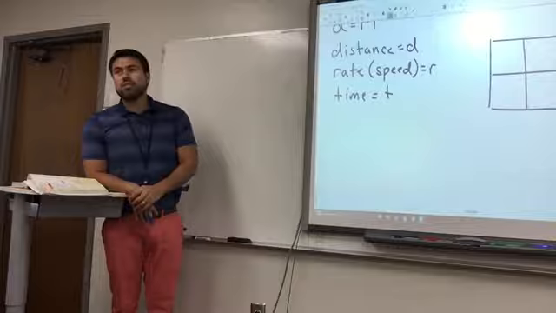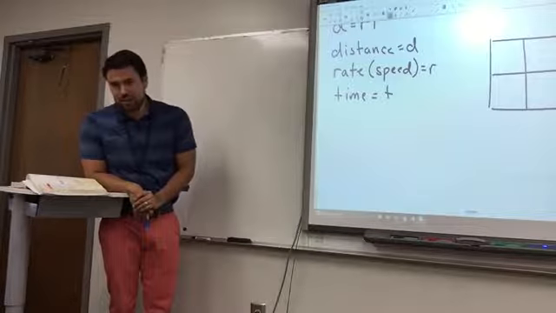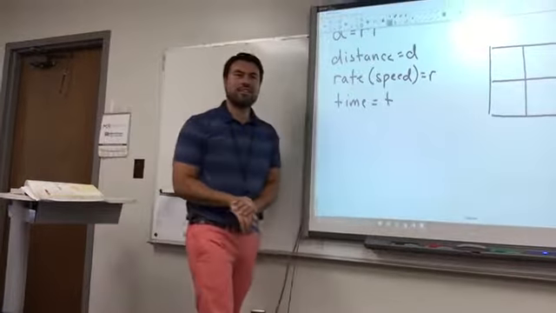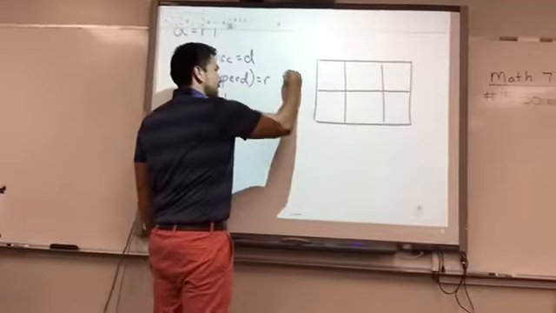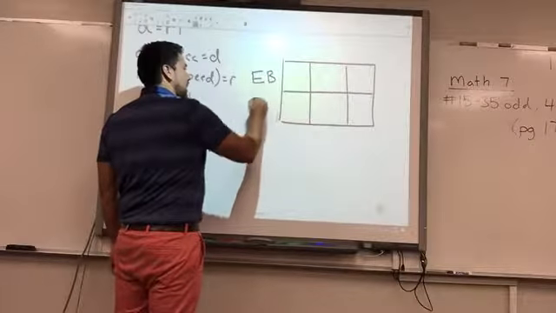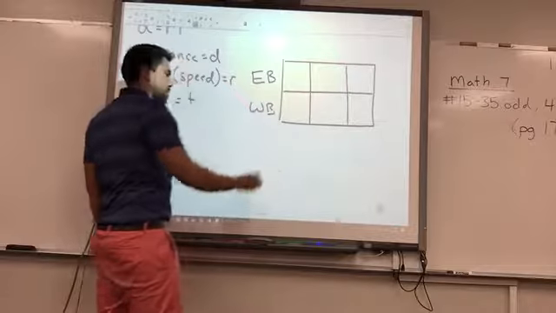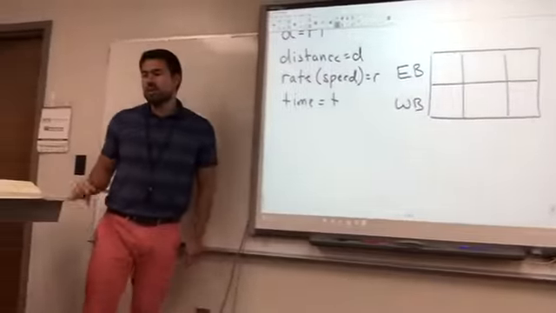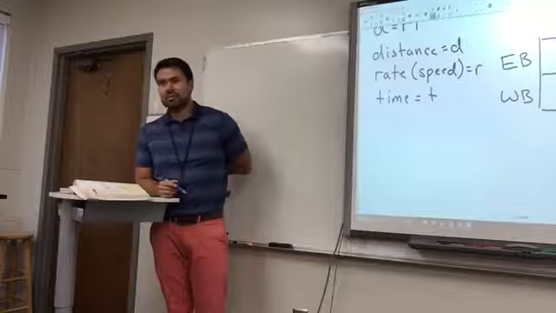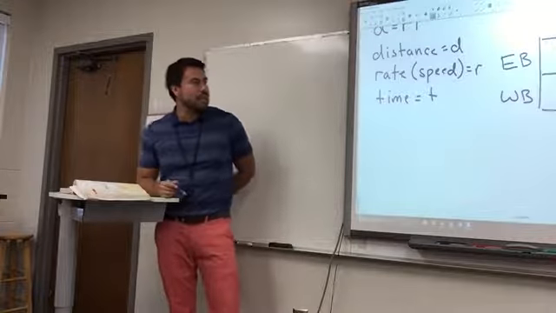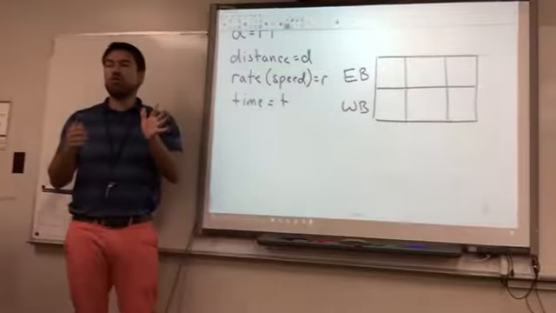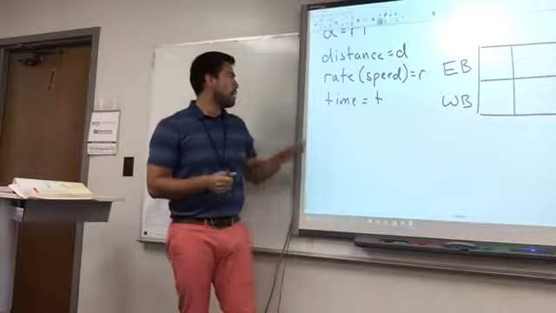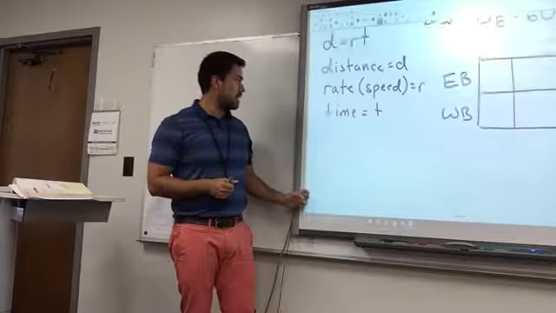Okay, what 2 objects are moving in this problem? The 2 buses, right? I'm going to call one the eastbound bus, the EB, and one the westbound bus, the WB. Now, what are going to be the headings of these problems? When you're dealing with uniform motion problems, remember how I told you need to know D equals RT?